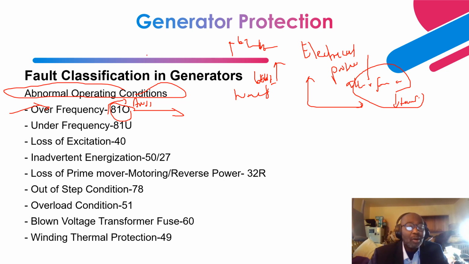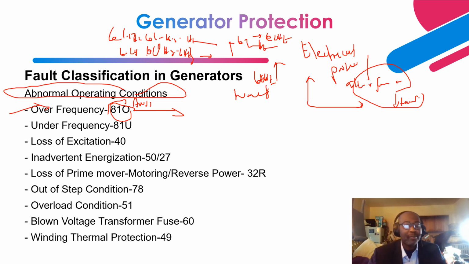Above 60 hertz to 61 hertz, there's a time duration that will allow you to operate the turbine generator. Then above 61 hertz to 61.5, I will allow you a time duration. Then 61.5 hertz to 62 hertz, I will allow you a time duration to operate. Then above 62 hertz, that is when I want you to take the generator offline. So that's how we set this over frequency element.